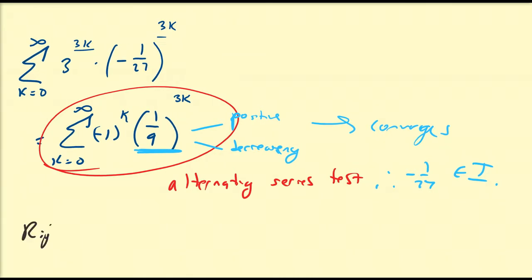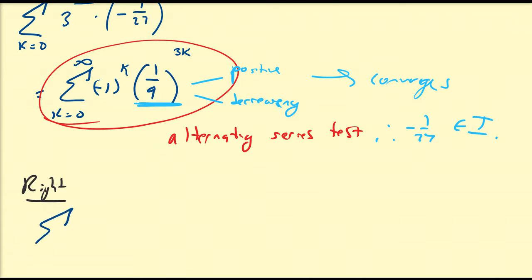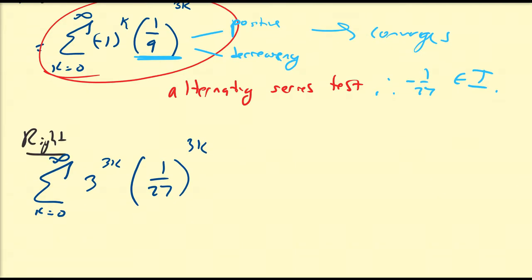So now let's look at the right endpoint. So the right turns into the sum from k equals 0 to infinity of 3 to the 3k times positive 1 over 27 to the power 3k. Again, both 3 and 1/27 have the same exact exponent.